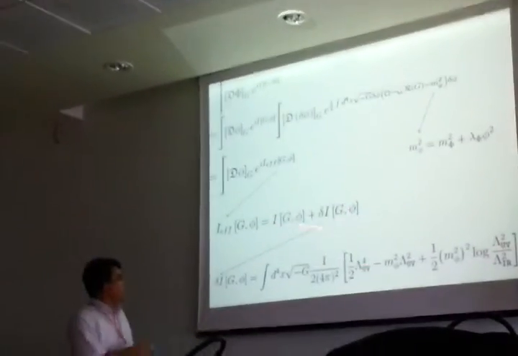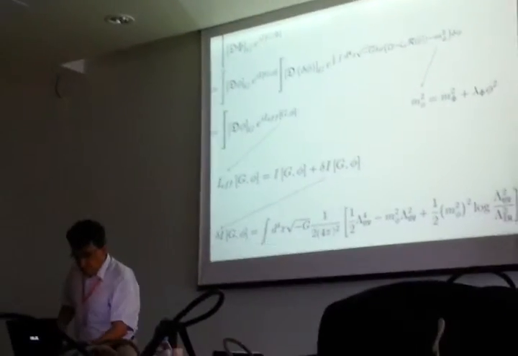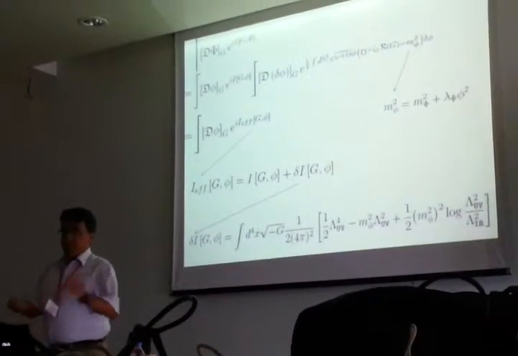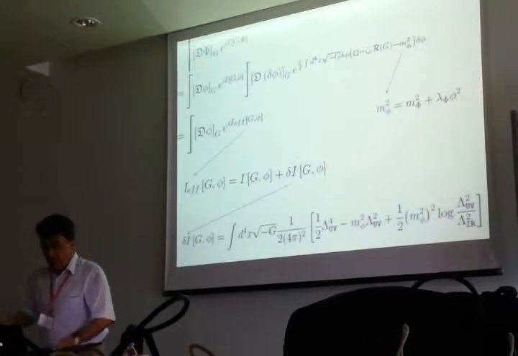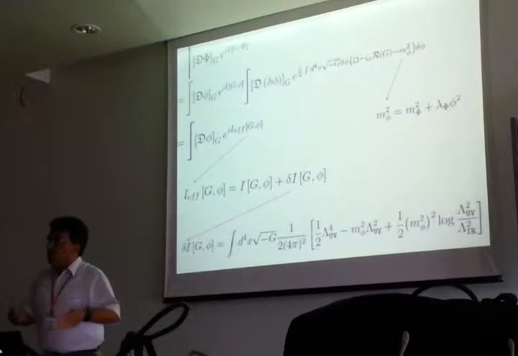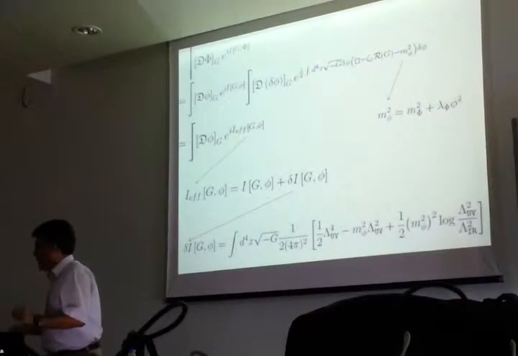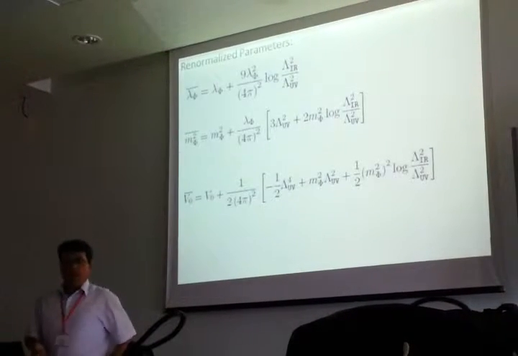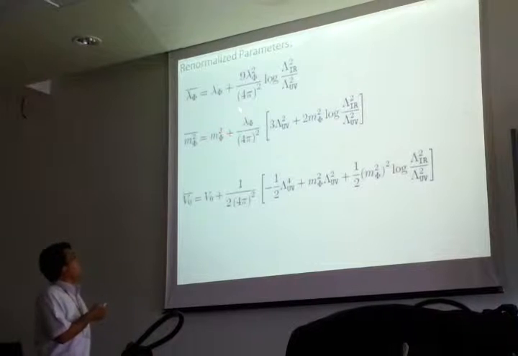If you add these two pieces and write your theory as a renormalized field theory, we have to put all these additional corrections in the redefinitions of the couplings. It means the renormalizability. Okay, and indeed our parameters are renormalized.